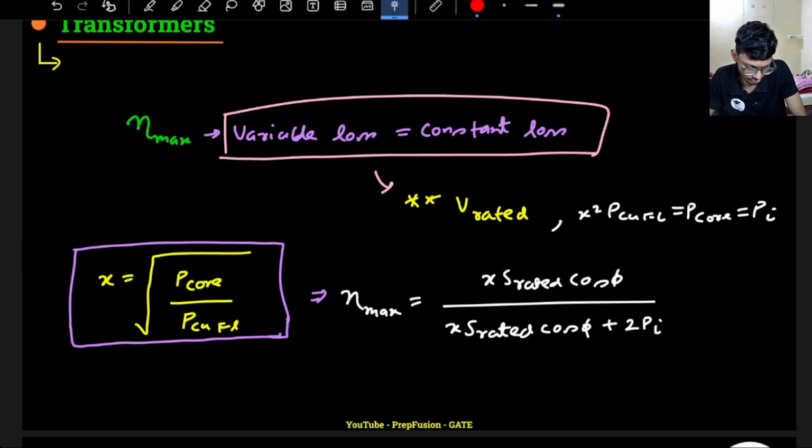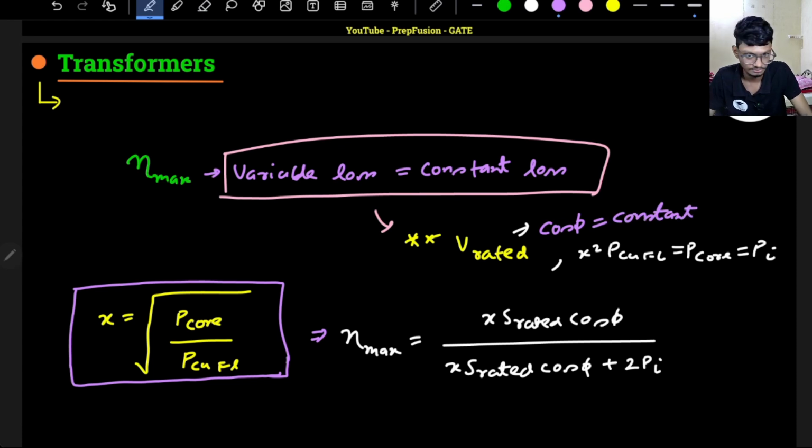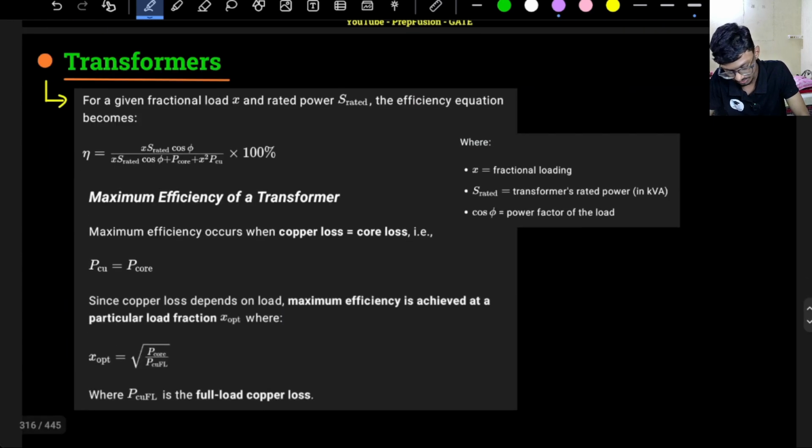So it does not matter, like we have not actually derived for power factor. So power factor is constant. Assumption is that my power factor does not change. Cos phi is constant. I was only checking with respect to the load. Cos phi is constant here. That is the assumption. All the other parameters are constant except the loading. Okay. So now what can change? Now if I differentiate with respect to the power factor.